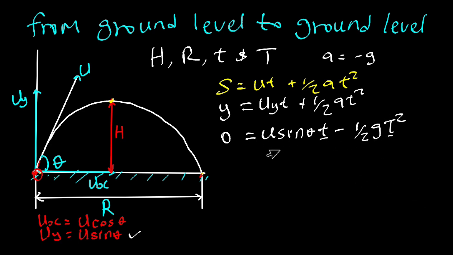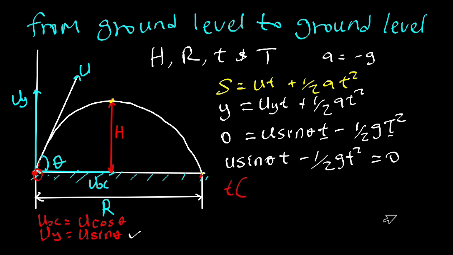Let's factor it out, but let me rearrange this first. We have u sine theta multiplied by t minus half gt square equals 0. So let's factor out t. If we factor out t, we'll be left with u sine theta minus half gt, and this will be equal to 0.